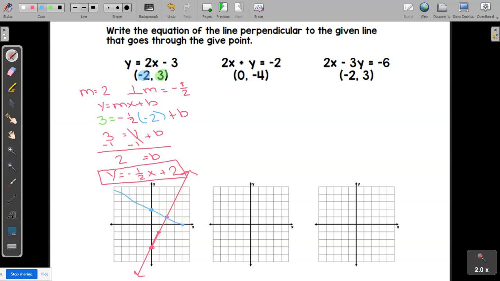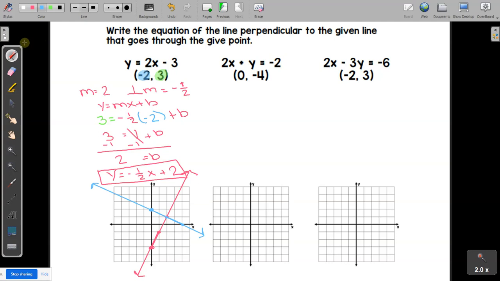And then we're going to draw that line. We cannot forget our arrows. And as you can see, these two lines intersect at a 90-degree angle. So their slopes are opposite reciprocals of each other.